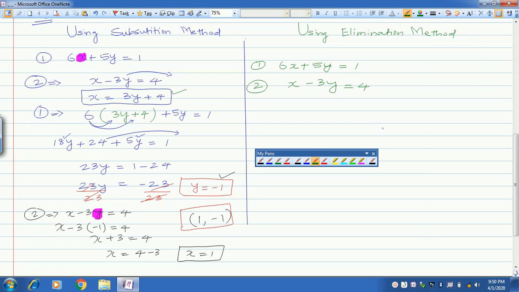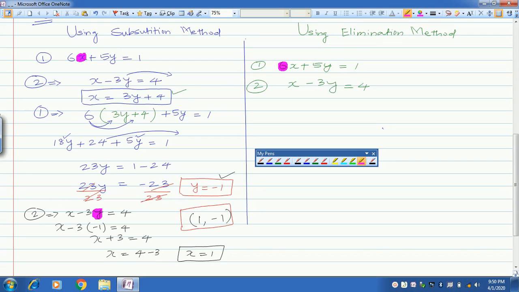Now I have to eliminate any one of the variables, either x or y. What is the rule to eliminate? Here you have to multiply the terms.